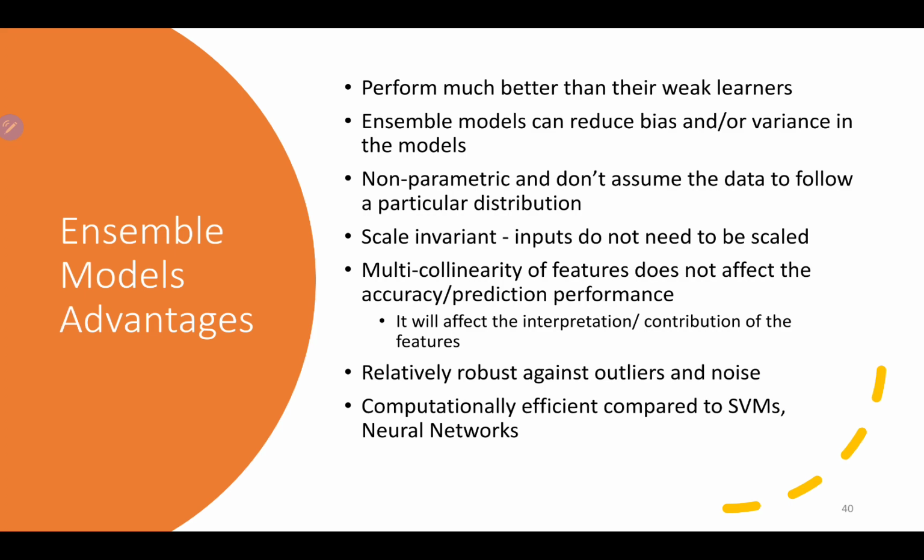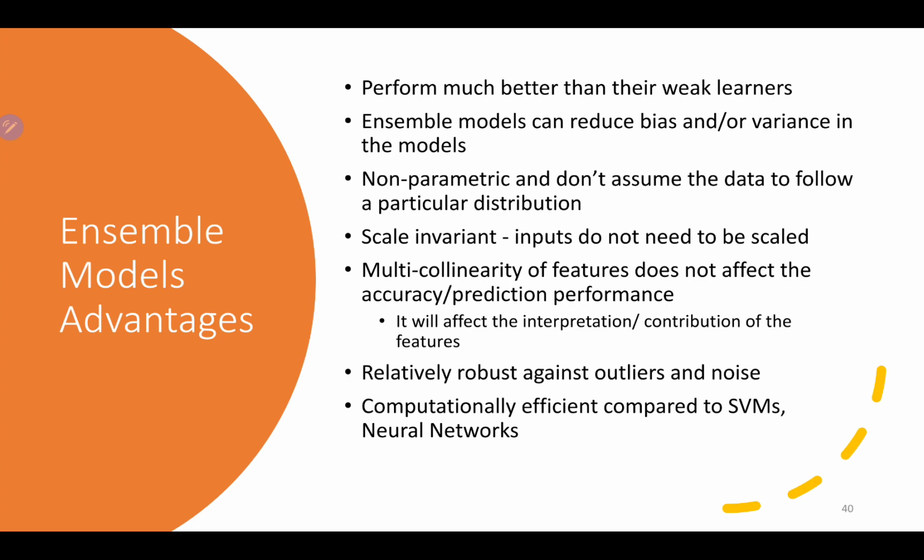What are some of the advantages? So generally the goal here when we combine the models is to reach better solutions than the individual models themselves, right? So they will perform much better than their weak learners in general. Ensemble models can reduce the bias or variance based on their application. So they're non-parametric and don't assume the data to follow a particular distribution.